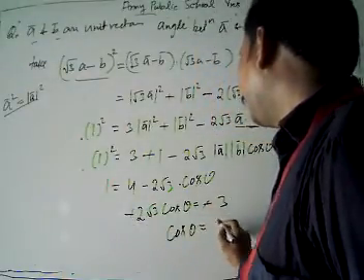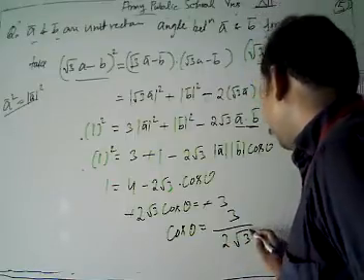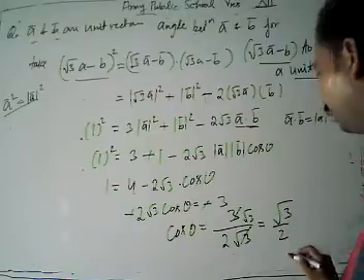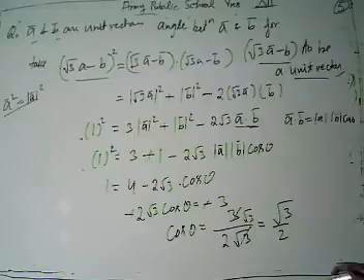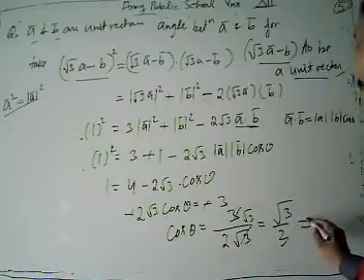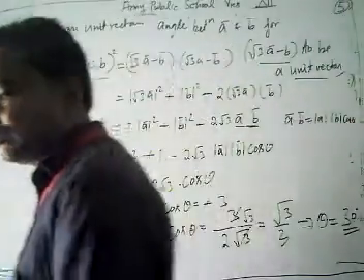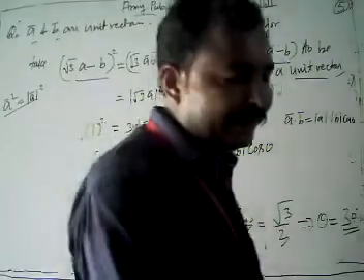Then cos theta is equal to 3 upon 2√3, and we get the value of cos theta as √3 by 2. When cos theta is √3 by 2, it implies theta is 30 degrees. Now we get our angle between these two vectors.